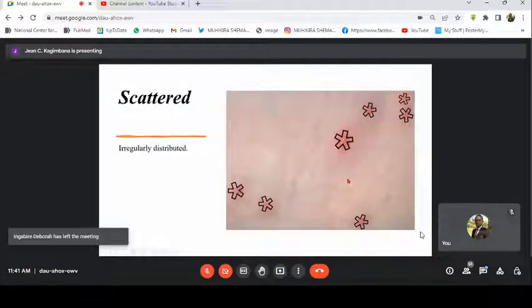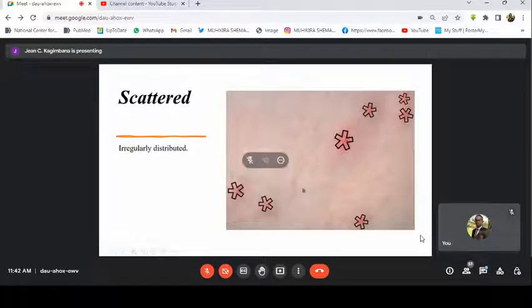Okay? You see, we are beaten here, here, here. Then we say scattered lesions. Okay? But again, in the center we have vesicles, it's erythema. You may say erythematous vesicular scattered lesions on the trunk.